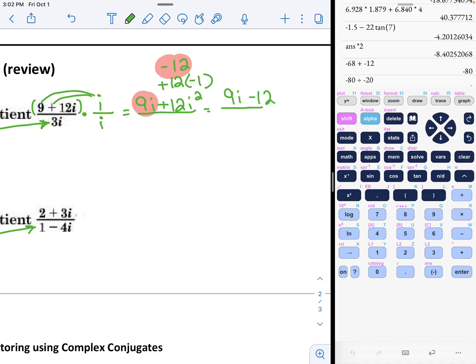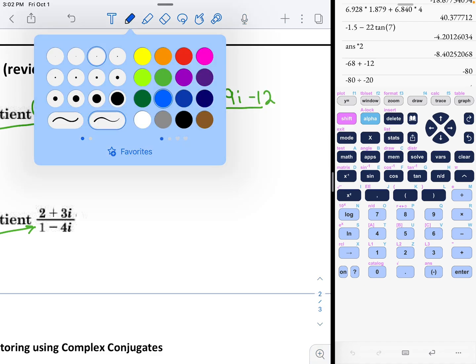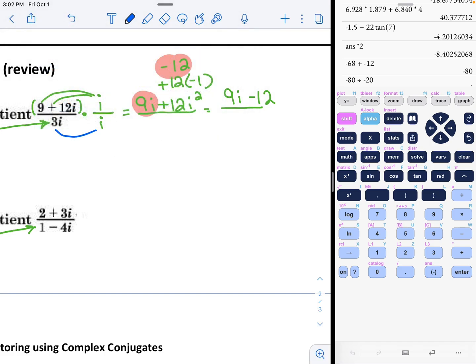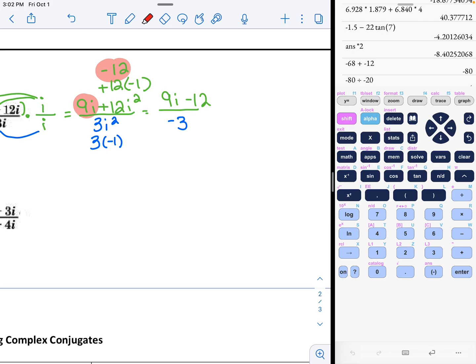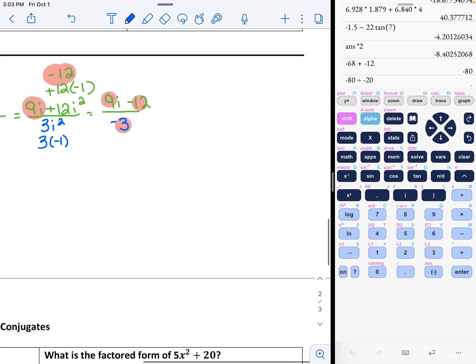And let's do the denominator. I'll change colors just to emphasize. 3i squared. Please remember i squared is simply a negative 1, so the denominator is a negative 3. Check your triangle of numbers that I'm highlighting. Do they all have a common factor? Yes, they do. We must divide by negative 3. We're going to get rid of the negative in the denominator, and everything divides by 3.